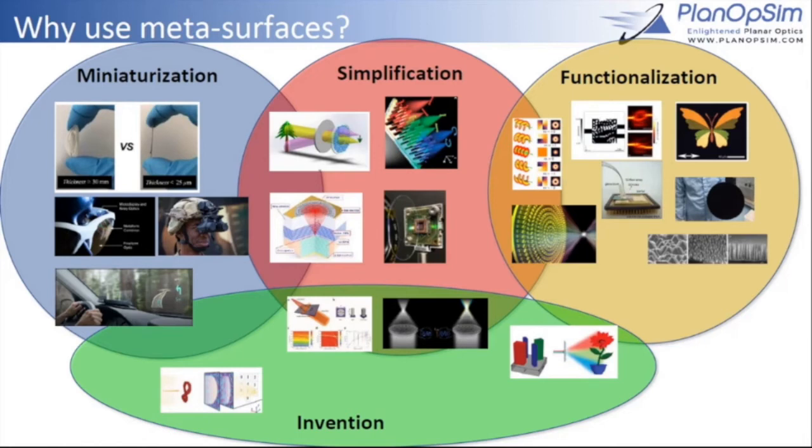You can functionalize systems by adding new functionalities, putting structures on top of existing structures, and you can invent entirely new applications. We've seen a couple of great ones already during this conference.